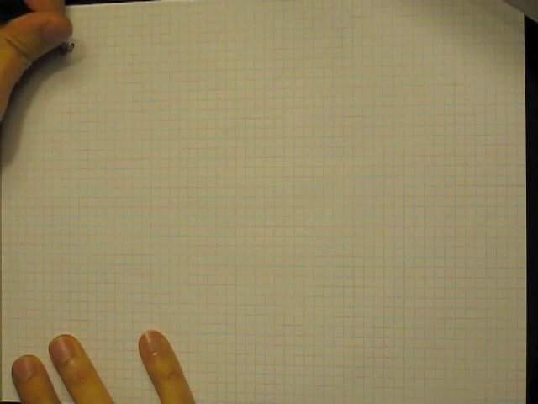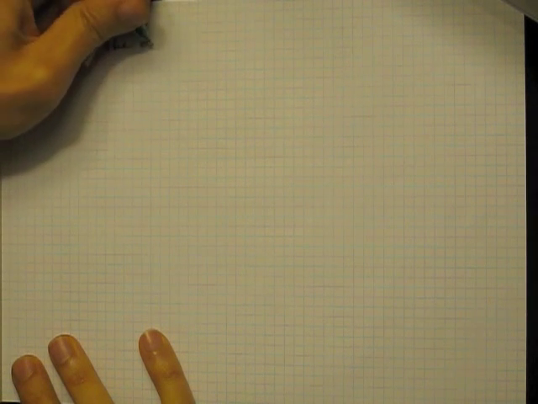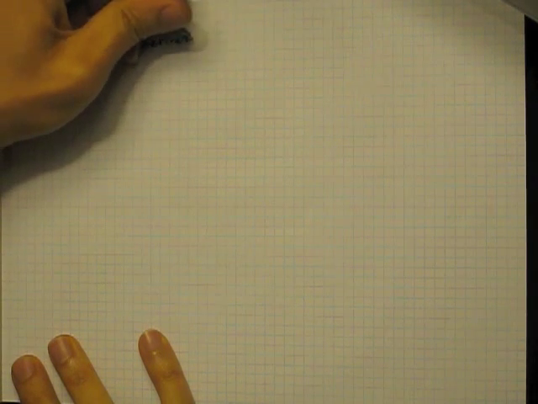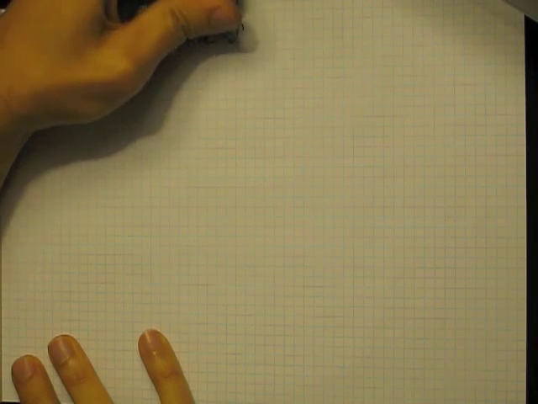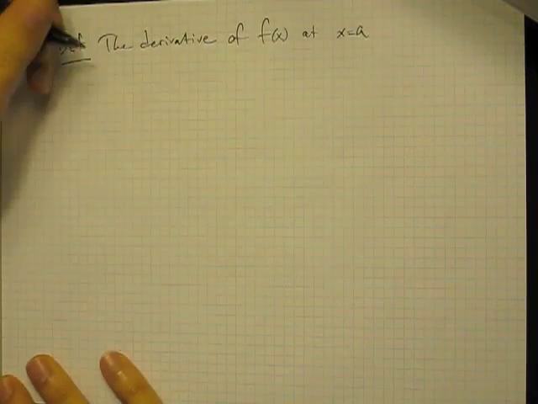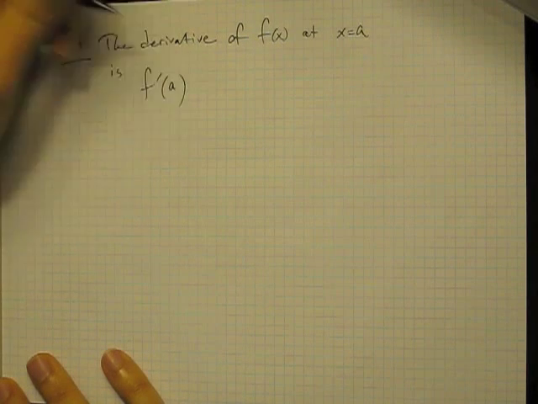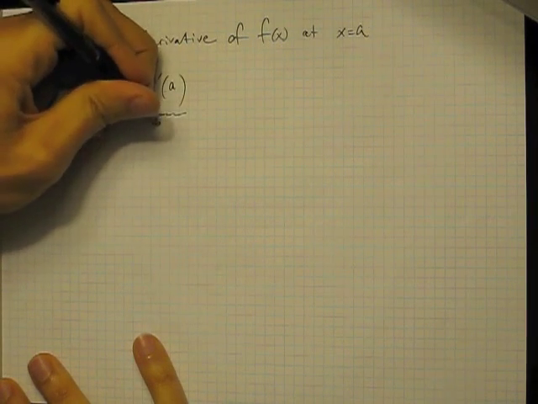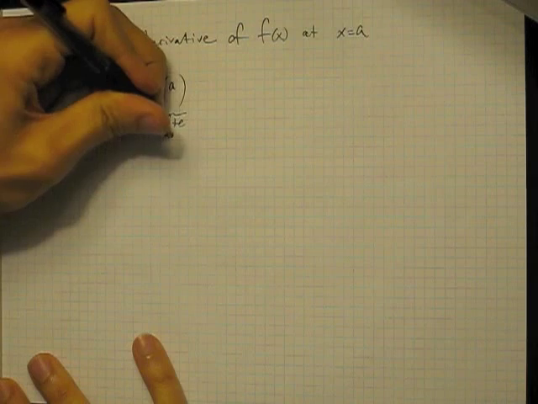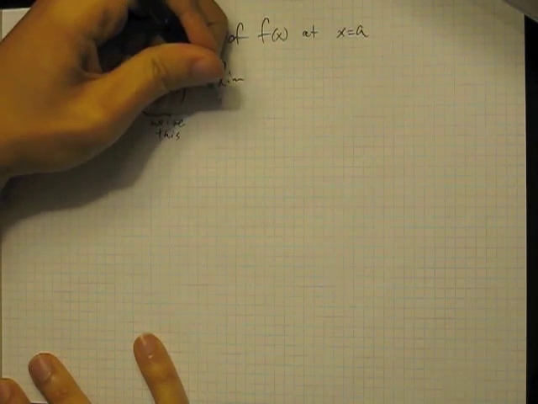Okay. Now we're going to introduce the derivative function. So the definition: the derivative of f of x at x equals a, is denoted by this, which is what we write. It is equal to what we've been talking about all along.